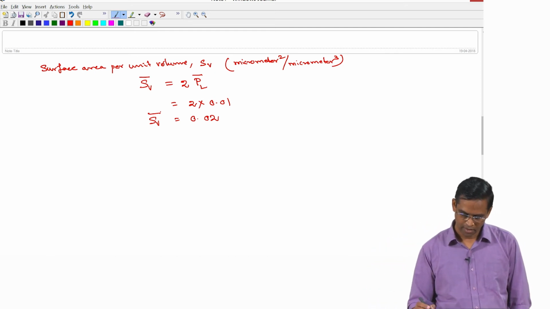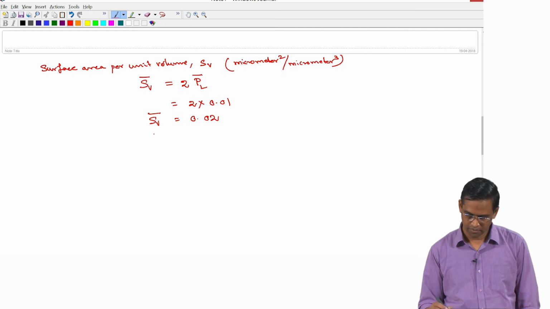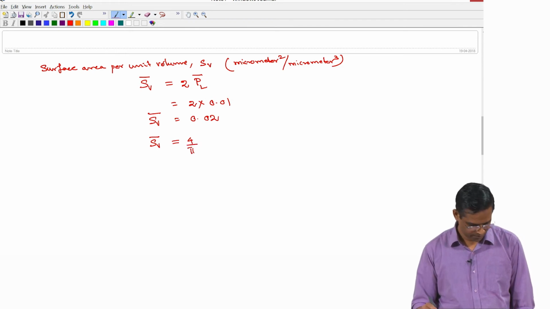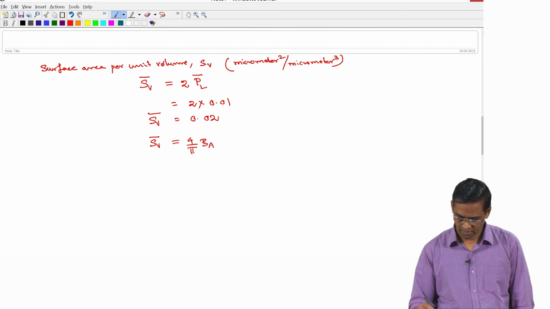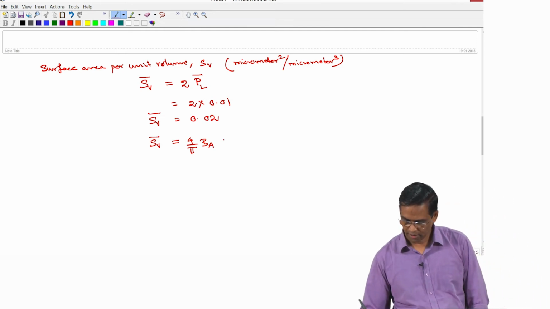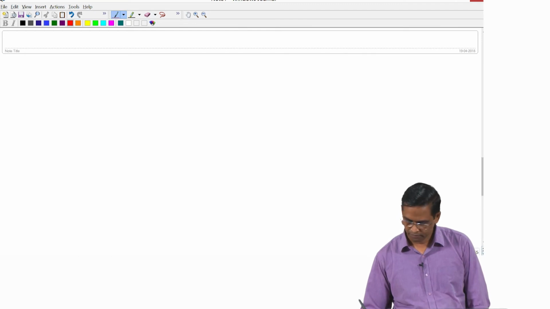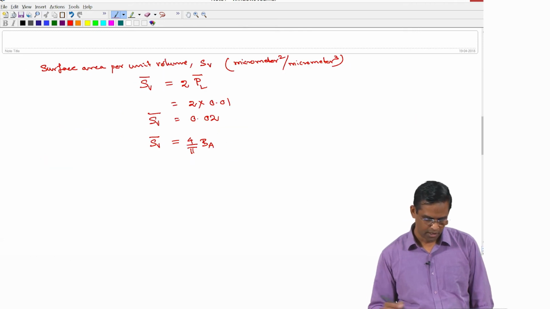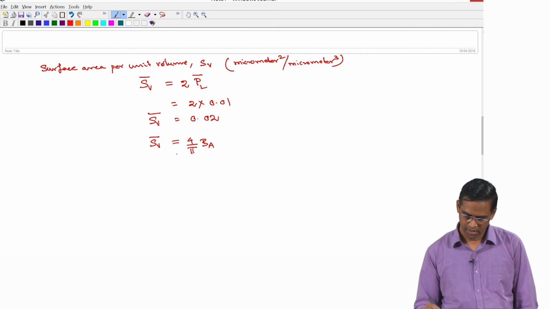So, this is the surface area per unit volume for this microstructure. Of course, the same, if you use the other formula, SV is equal to 4 by pi BA. You can see that previously you have done that, and this is the BA we have given. So, you use this and it will be of the same value.